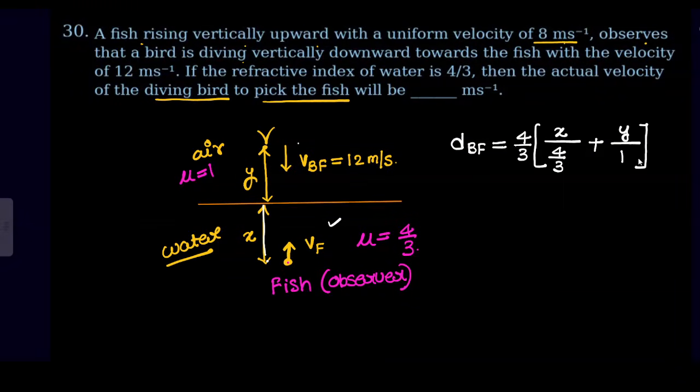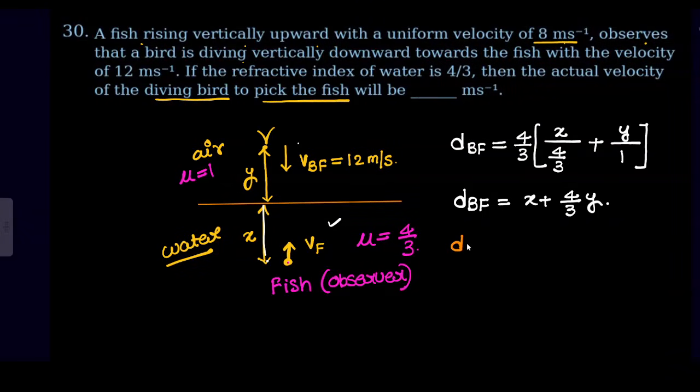So from this we can get the apparent depth of the bird with respect to fish. When you multiply, it will come x plus 4/3 into y. Now this is the depth, the distance. Now we are differentiating this, we can get velocity.